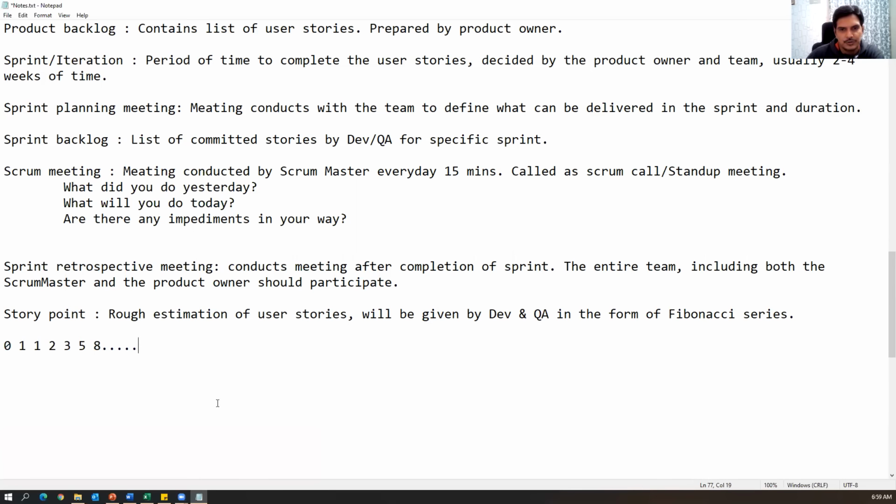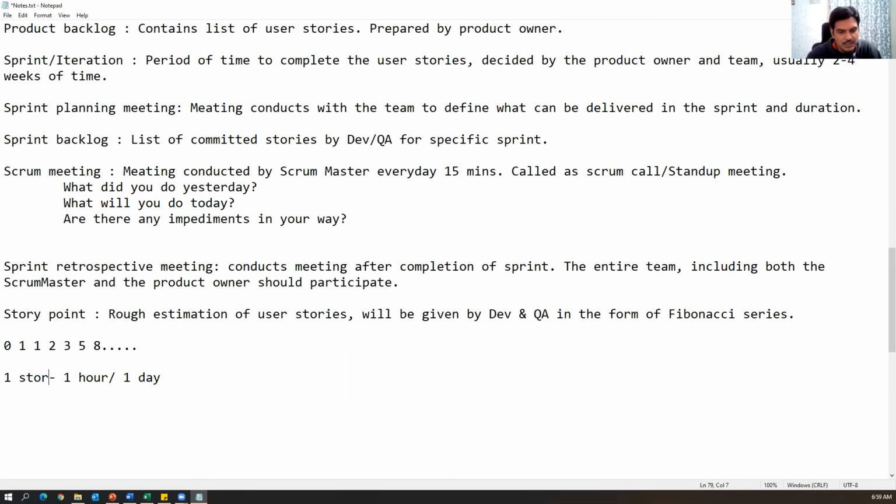Suppose when I say 1, in some companies one story point is considered equal to 1 hour, or sometimes they consider one story point equal to 1 day. That depends on the company.